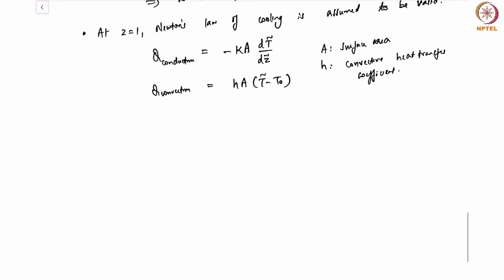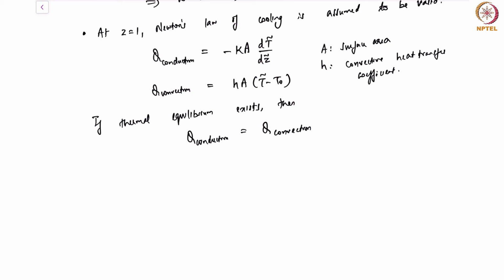Then if thermal equilibrium exists, Q conduction will be equal to Q convection. So this is nothing but the heat flux because of conduction will be exactly equal to the heat flux because of convection to the atmosphere above.